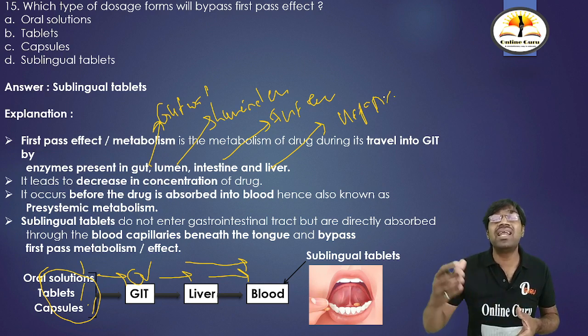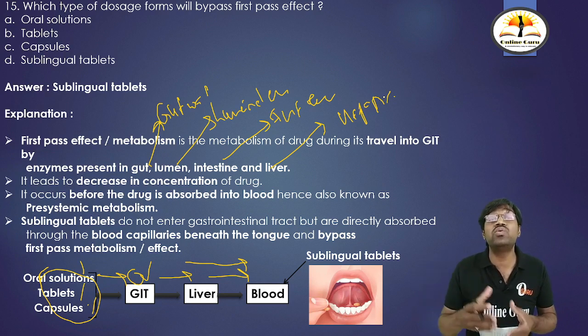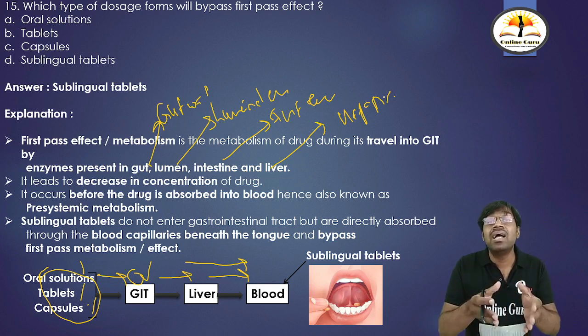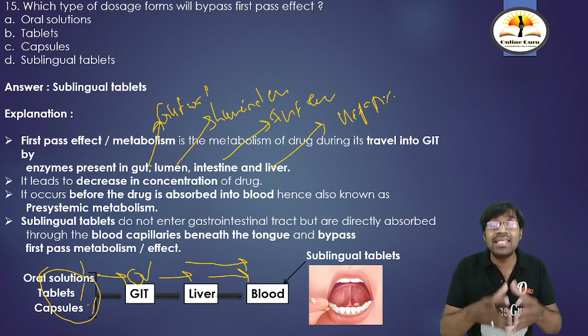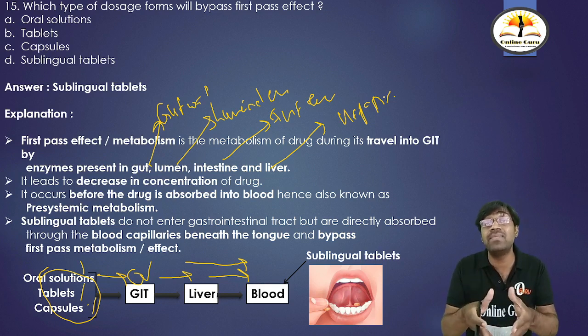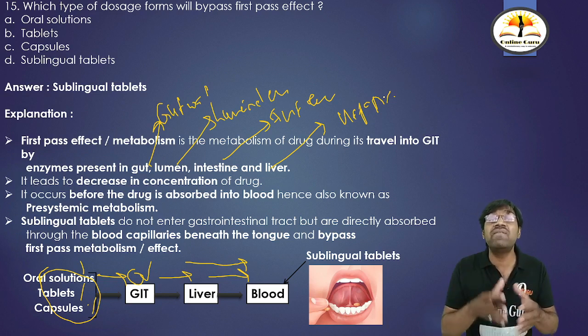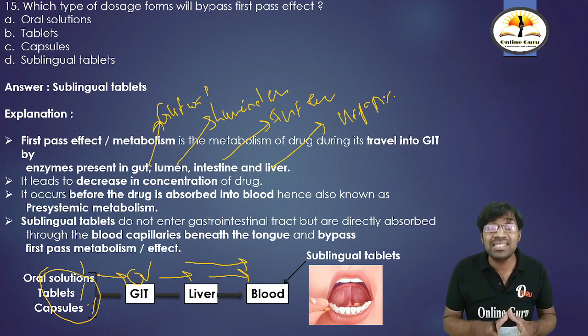If the drug's concentration is 100 milligram, it is going to reduce to 70 milligram. Why is it so? Because some part of the drug is going to get metabolized due to the influence of these enzymes. These enzymes, that is gut wall enzymes, luminal enzymes, intestinal enzymes, hepatic enzymes, are going to metabolize the drug and reduce the concentration of drug which is going to reach its target or blood.